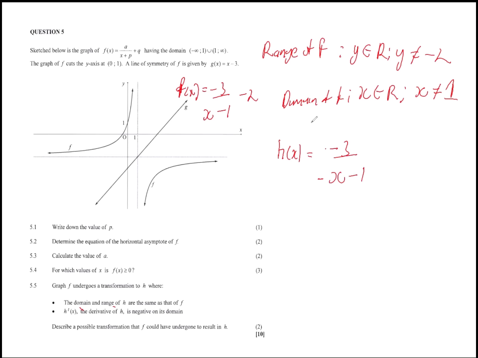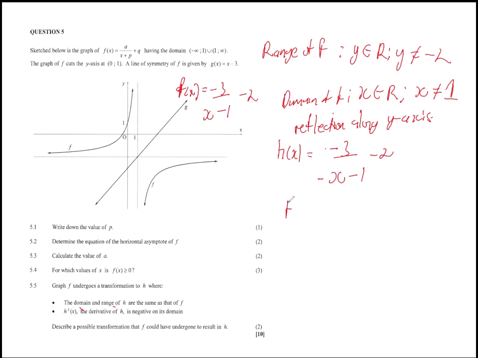Remember, a reflection along the y-axis. Okay, so we say most of the time it stays the same when it's a reflection along the y-axis. So let's try reflection along y-axis, right? So that's negative 3 over x minus 1 and then minus 2.